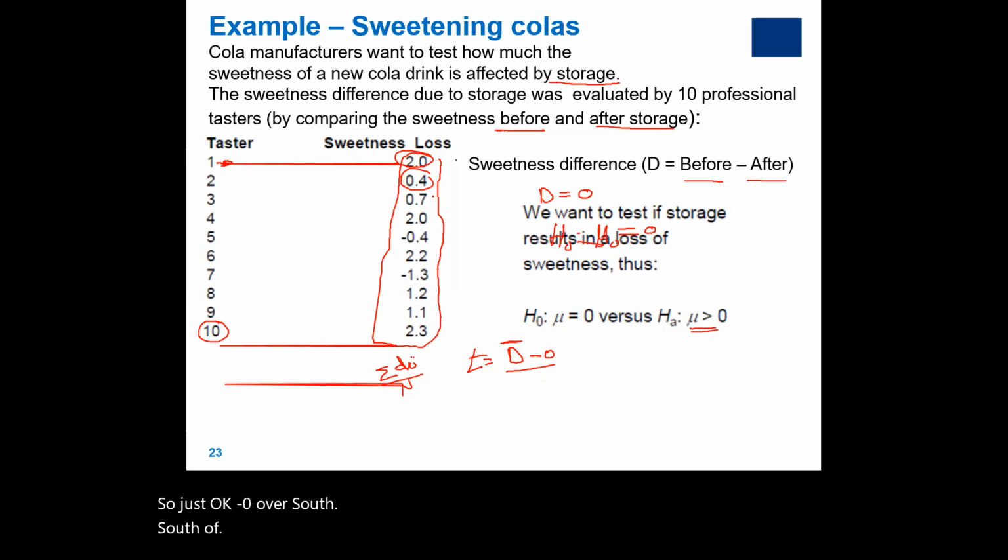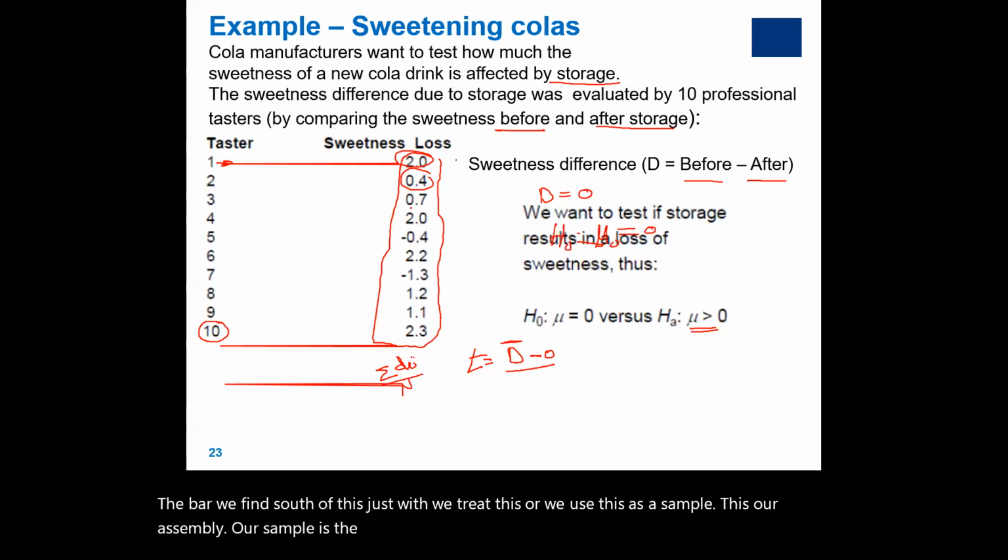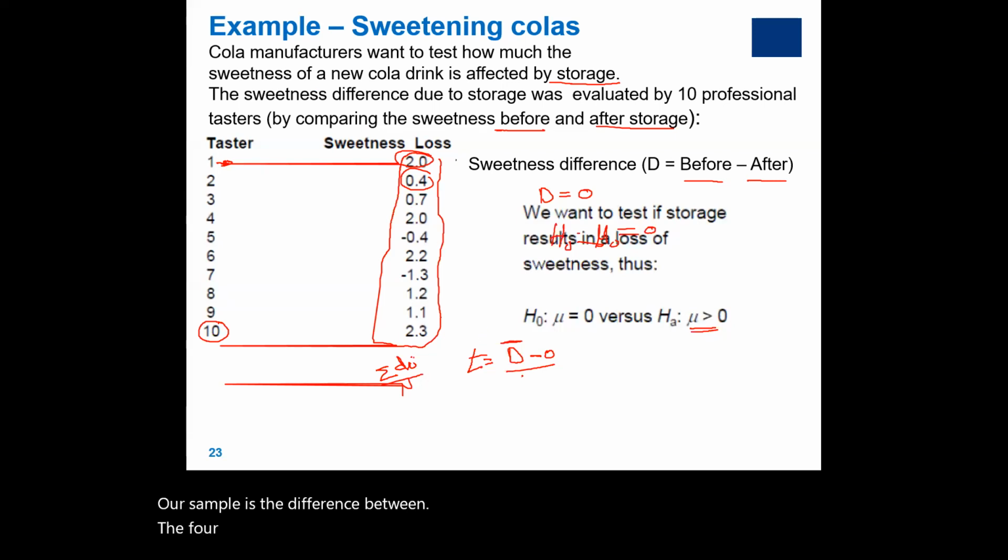We treat the differences as our sample, so the denominator is S of the difference over square root n. Then we do the same as before and compare this t statistic with the t tabulated.